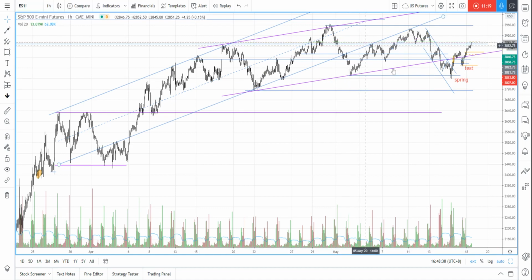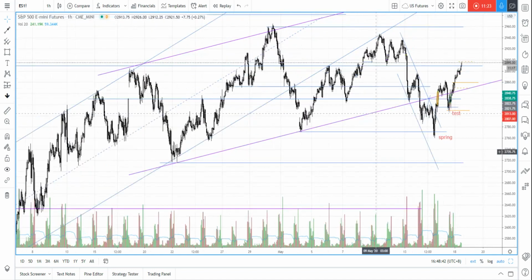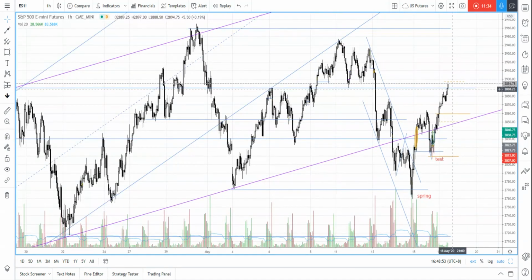So I will still keep my neutral stance for swing trade, because at the moment it has not resolved itself out of this range, and we have a pretty good chance to see it keep pushing higher to test key levels 2940, 50 and 60. These are just the swing highs formed.